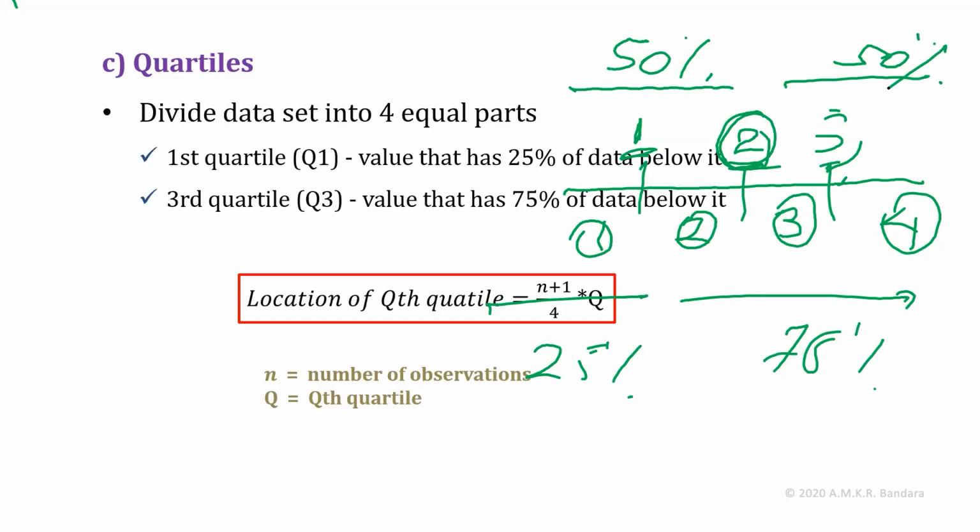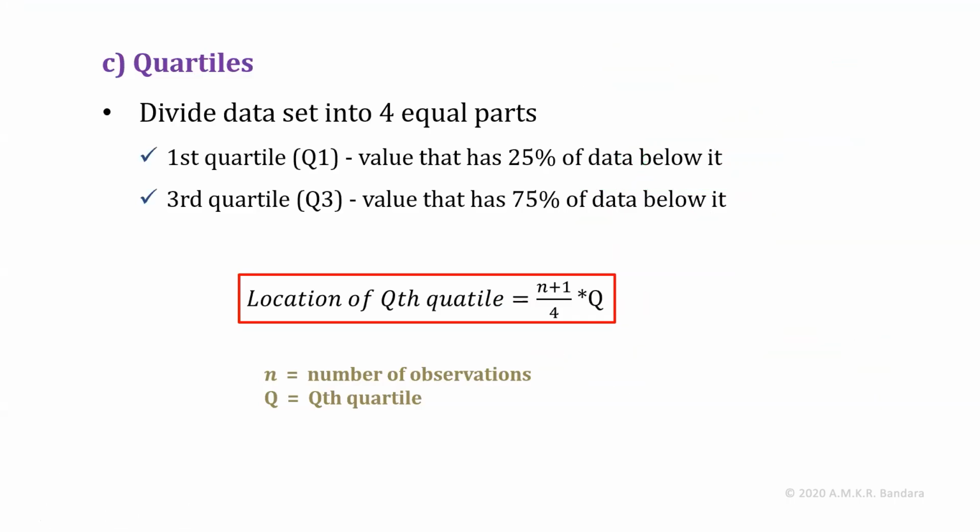So you can see this second quartile is equal to the median of a data set. The qth quartile of a data set can be found using this equation, where n plus 1 divided by 4 is multiplied by the required quartile.